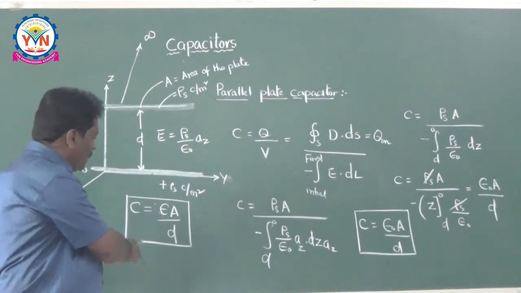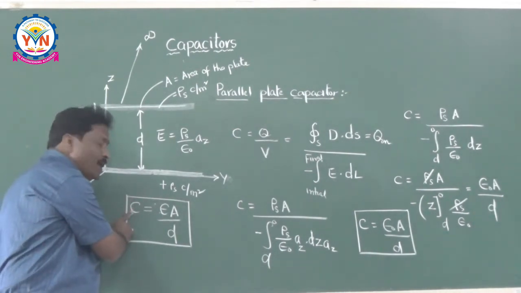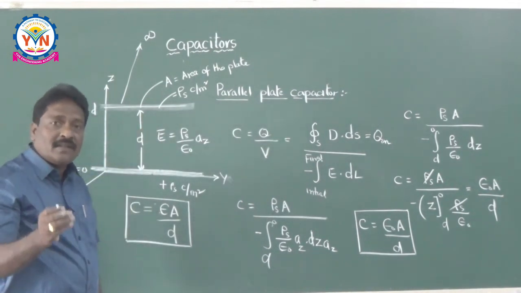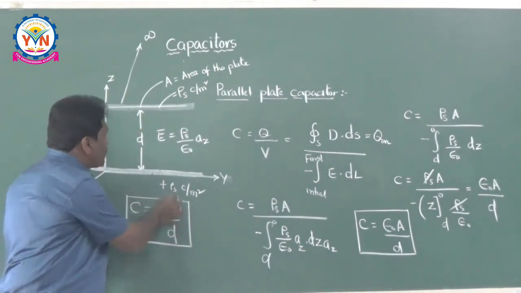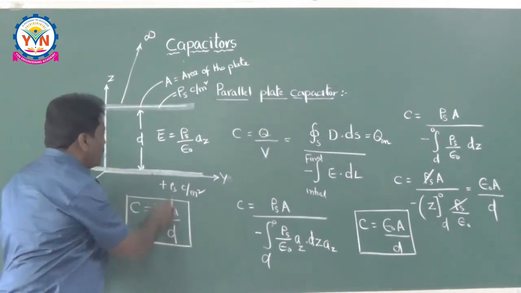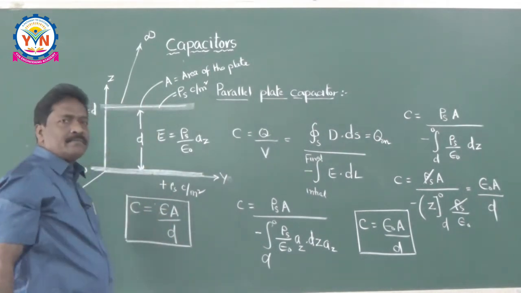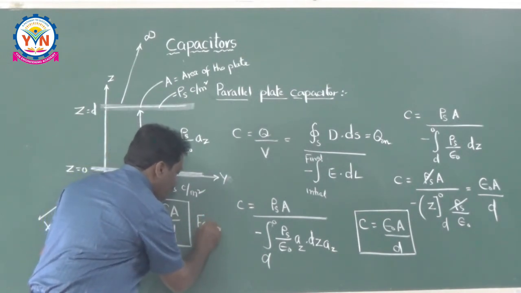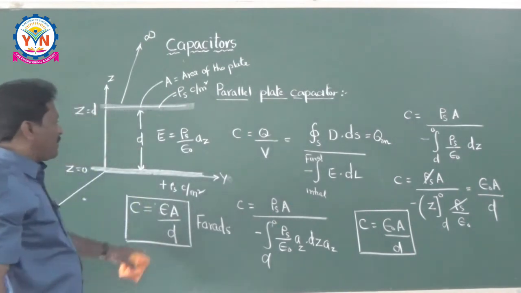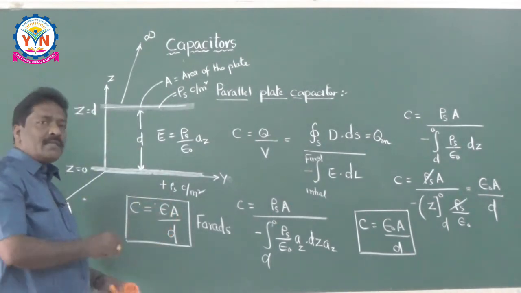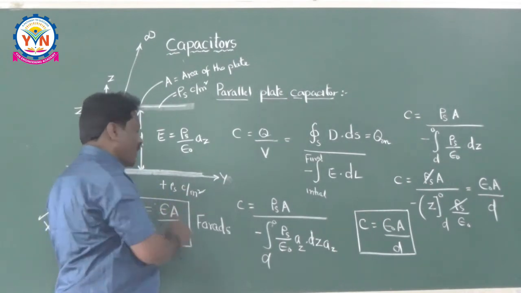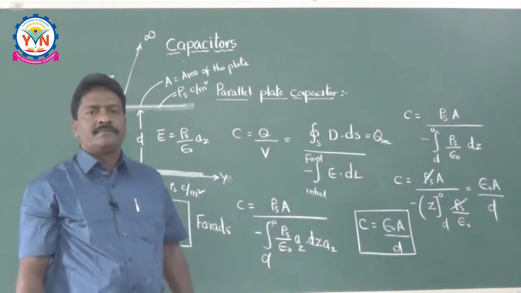But remember here, your capacitance depends only on the physical dimensions of the plates. What are the physical dimensions here? A means area of the plate, d means distance between the plates. It is epsilon A by d Farads. Because the unit is very, very important here. This is the way of calculating the capacitance of a parallel plate capacitor.